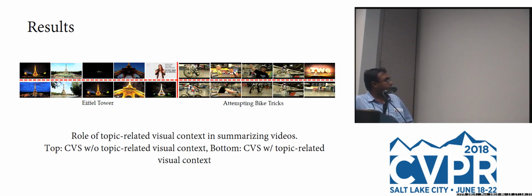So this at the top is a standard method of summarization that we compared with, while here at the bottom are the results that we obtain with these topic-related context, the incidental supervision that I was talking about. And what you can see over here is that all of these frames are essentially of the Eiffel Towers, and these are representative frames from the shots in the summary.